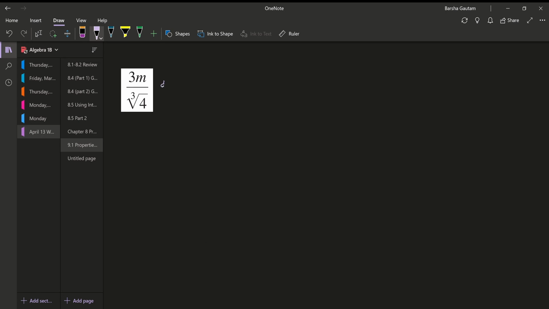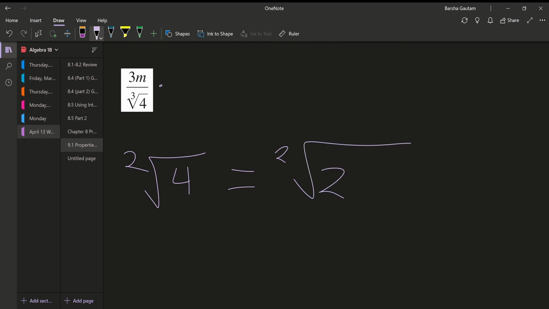So we are going to be multiplying again, but this time we need to figure out how we can turn this 4 into a number that we can cube root. So let's try a couple different ideas real quick here. Right now, if we do the square of 4, we'd have 2 to the power of 2 times 2, right?